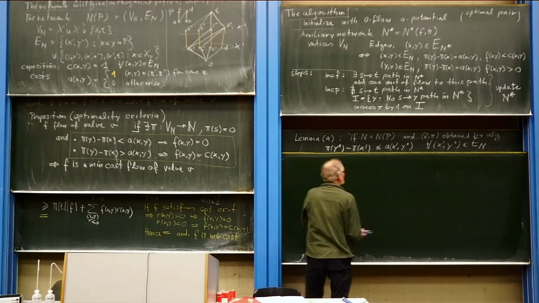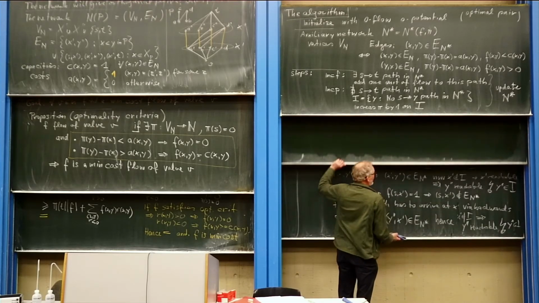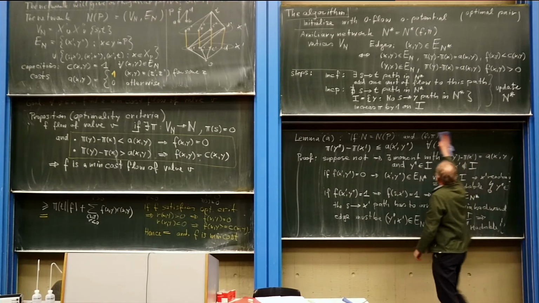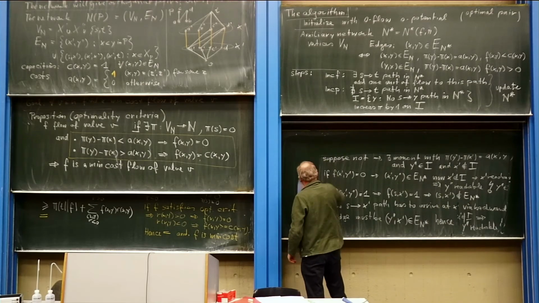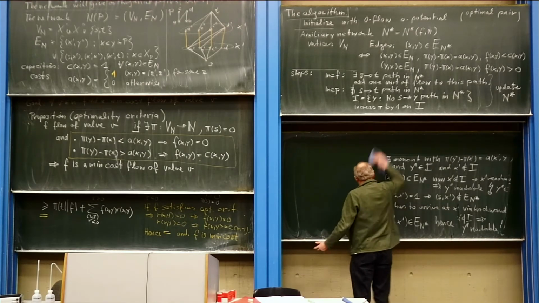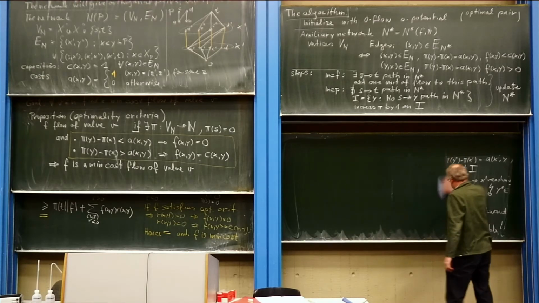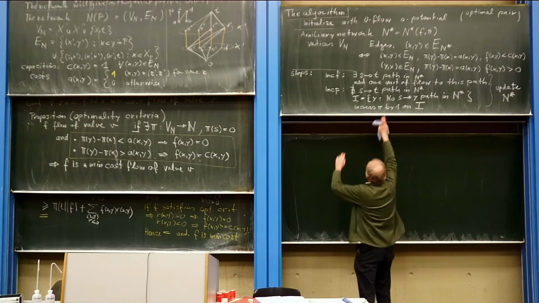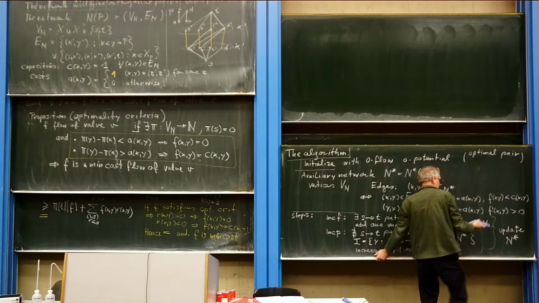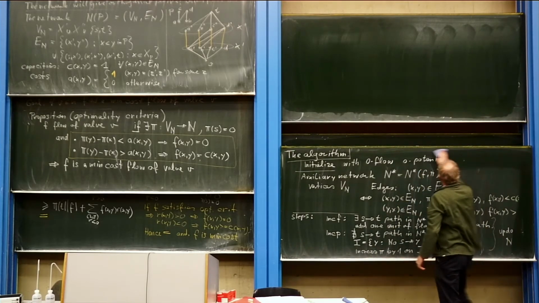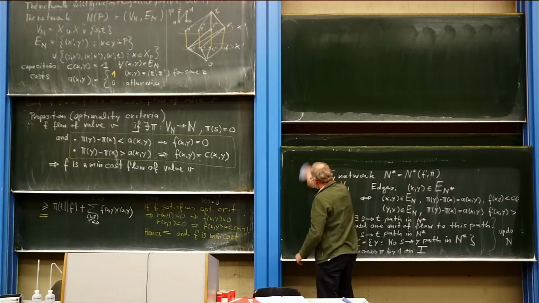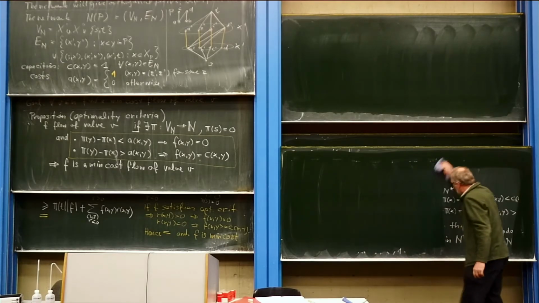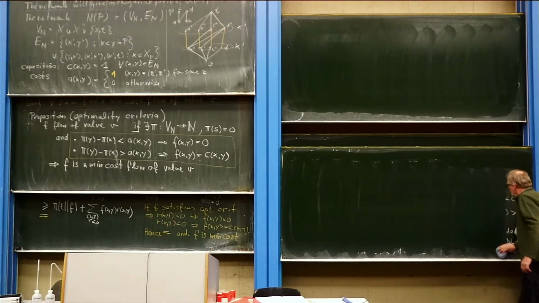So from the flow we are going to get a chain family, and from the potential we are going to get an anti-chain family. And as I said, the two are orthogonal. And from these orthogonal pairs, we will see that we readily get all these structures that are claimed in the five theorems.